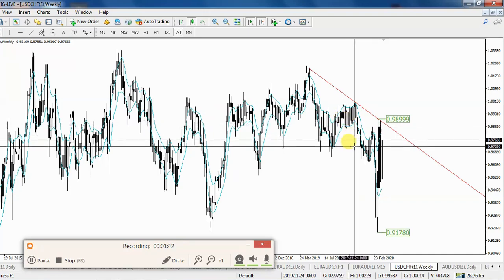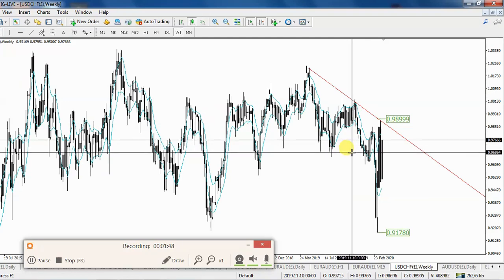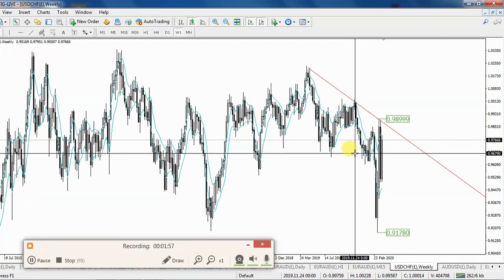So the entry would be around 97.20. We would be looking at a 40 pip stop on that. Even, no, 40 to 50 pip stop. Ideally, in my case, it will be 40.